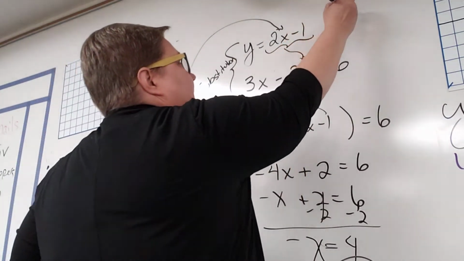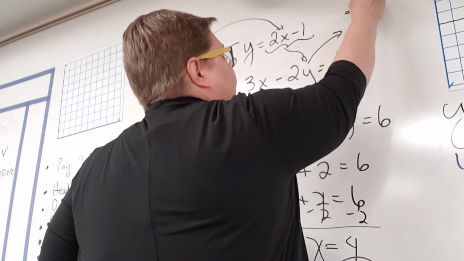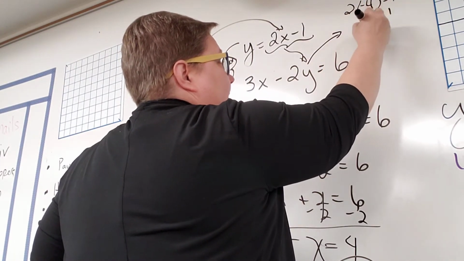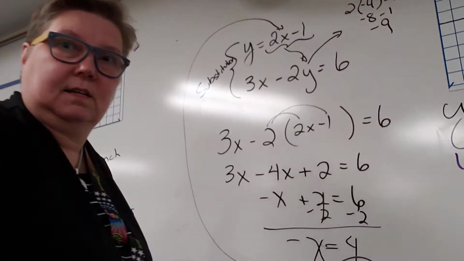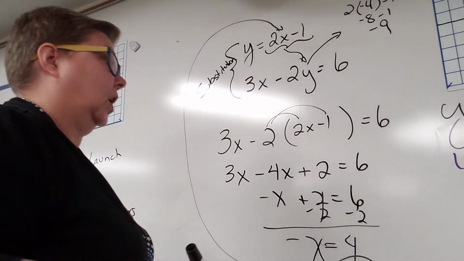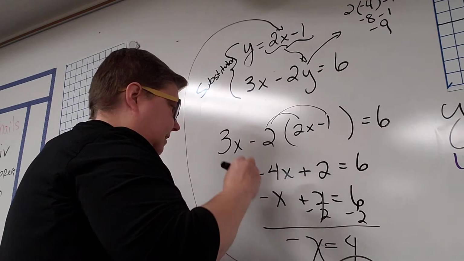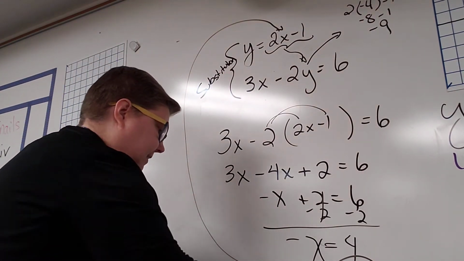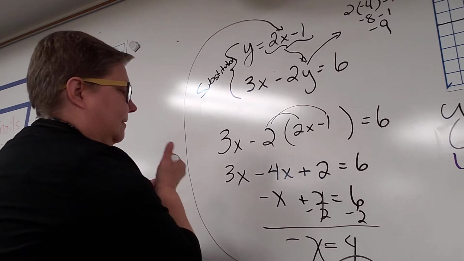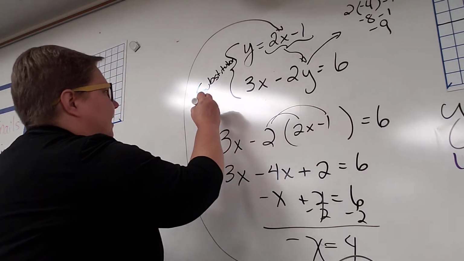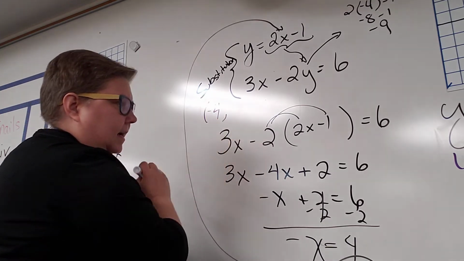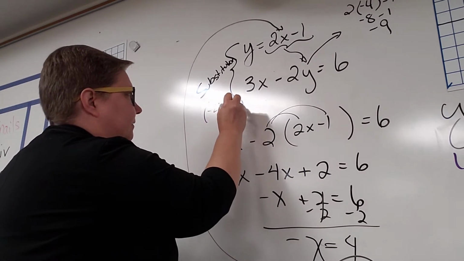So then I have 2 times negative 4 minus 1, that's negative 8 minus 1 is negative 9, is my y. So what that means is this system of equations has as an answer, my x is negative 4 and my y is negative 9.